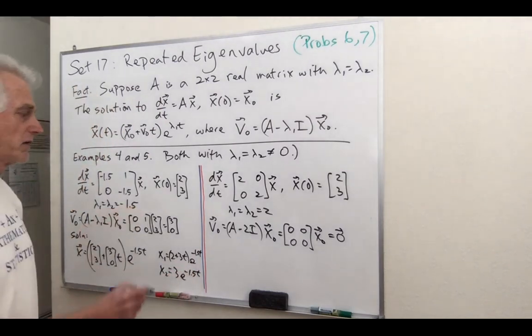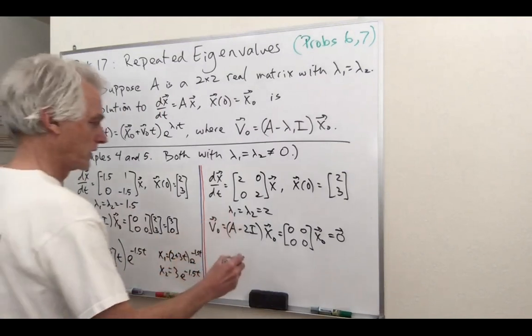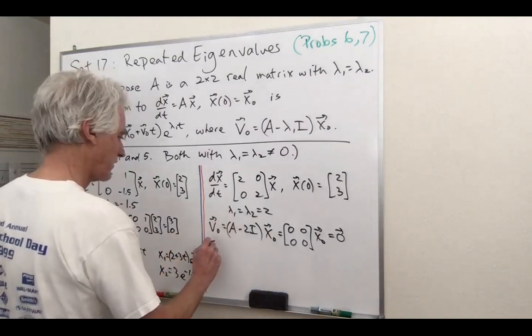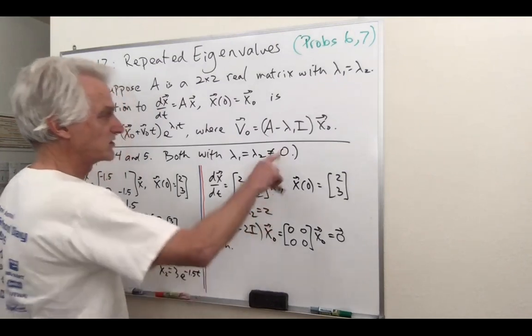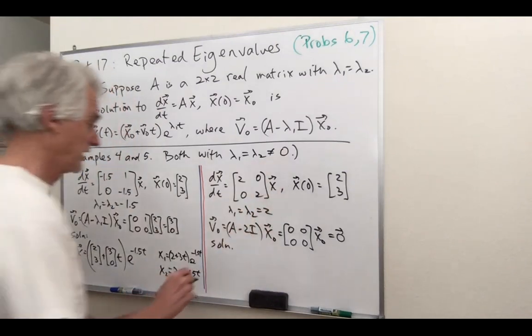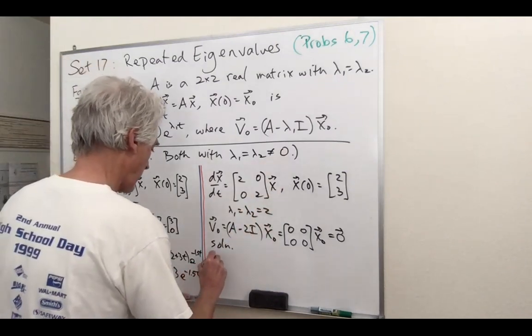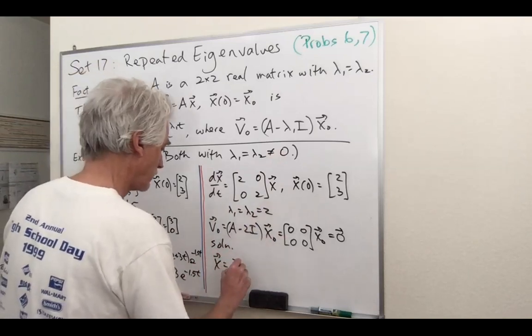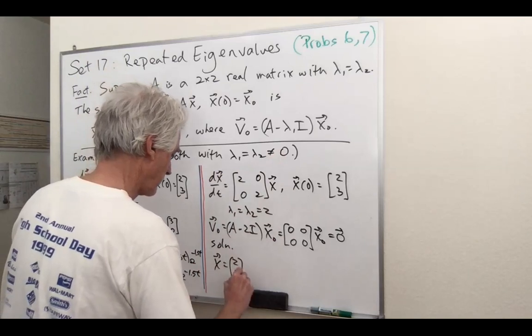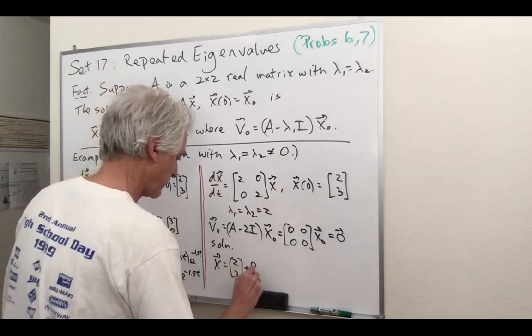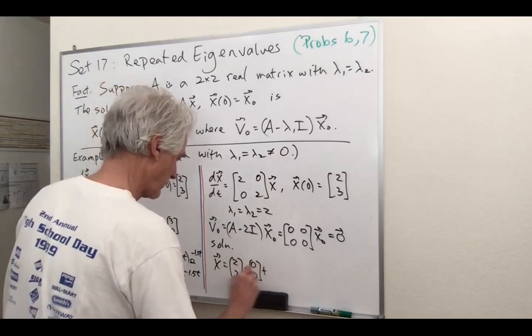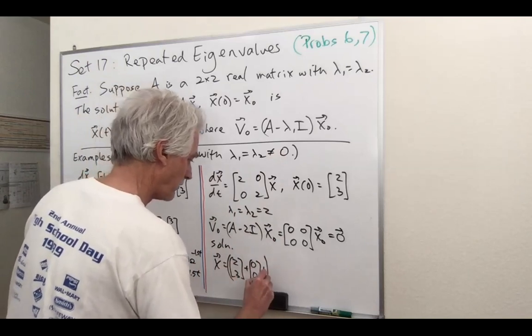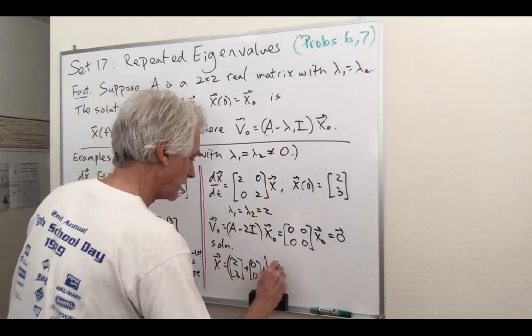Okay. And over here, we're going to get the solution to this initial value problem is going to be x is 2, 3 plus 0, 0t, right? E to the 2t.